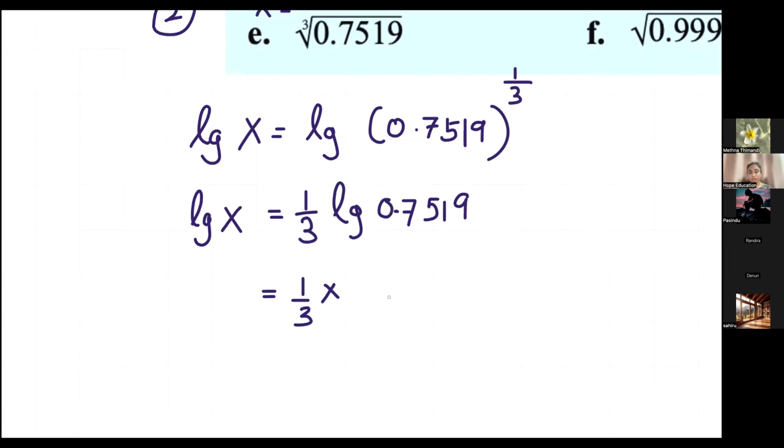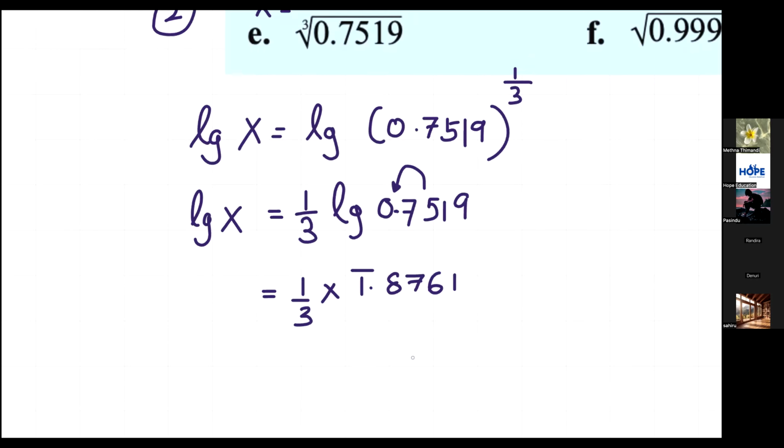Yes, it's 8761. Here the characteristic is negative, one step backwards. So we put bar 1 point 8761, which is the log value of 0.7519.